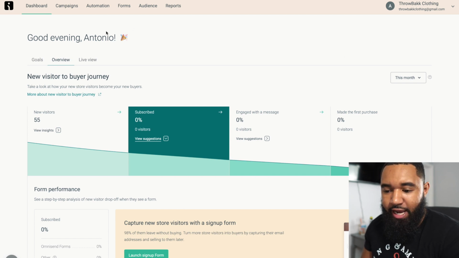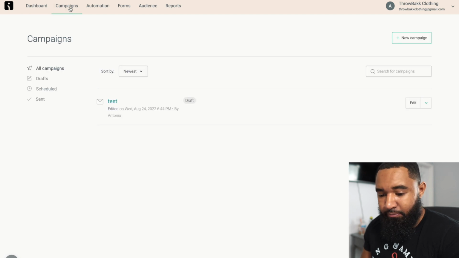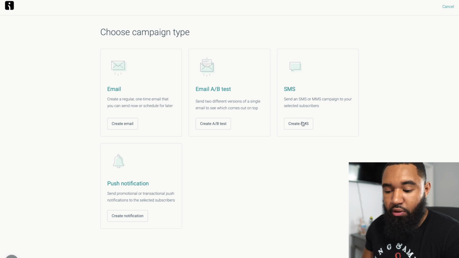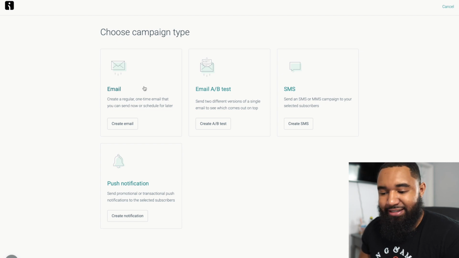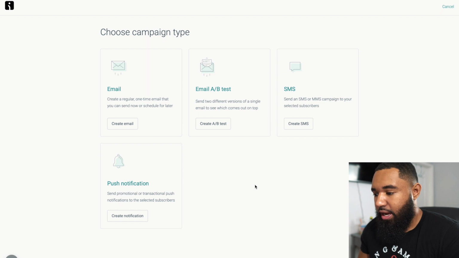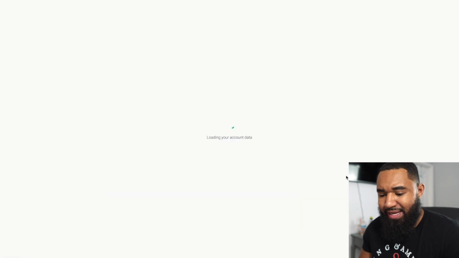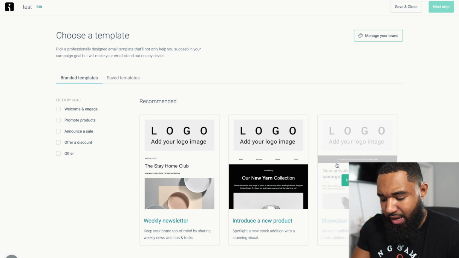The next thing I would say that is really good about Omnisend is their campaign selections. So you do have SMS messaging and push notifications as well as email. So I think that's dope as well. And it's very easy to set up these campaigns. So I definitely think you'll like them. I will say they do have some templates, but the templates aren't as many as something like MailChimp.